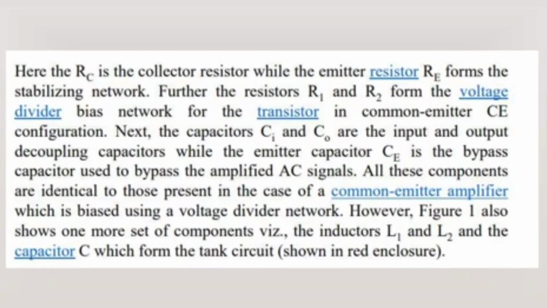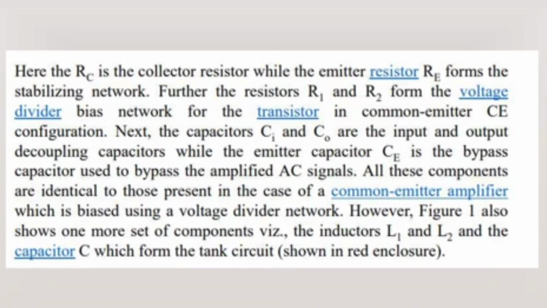Here, RC is the collector resistor, while the emitter resistor RE forms the stabilizing network. Further, the resistors R1 and R2 form the voltage divider bias network for the transistor in common emitter (CE) configuration. Next, the capacitors Ci and Co are the input and output decoupling capacitors, while the emitter capacitor Ce is the bypass capacitor to bypass the amplified AC signal.